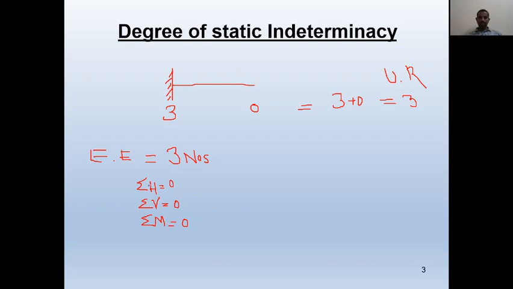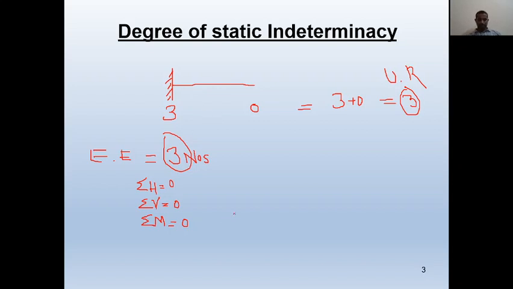So three unknown reactions over here and three equilibrium equations. So we can calculate all the unknown reactions in case of a cantilever beam. Therefore, it is said to be a statically determinate beam.